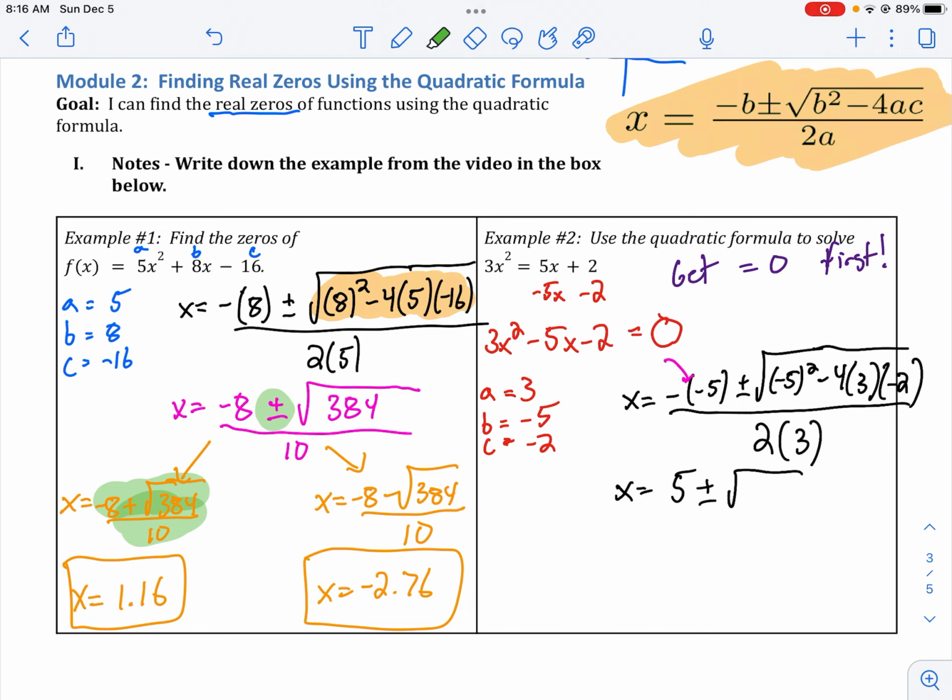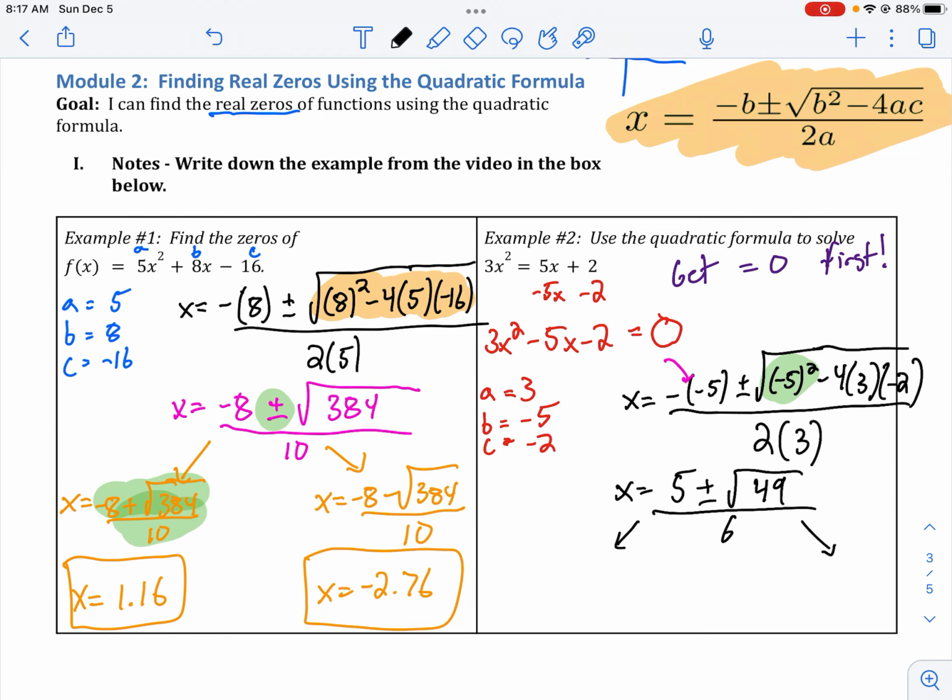And again, I'm going to get everything under that square root down to one number. But please, please, please, especially when b is negative, make sure you have parentheses there. If you don't have parentheses, your calculator will give you the wrong answer. Okay? And so when I substitute in my calculator, we get 49 underneath the square root, divided by 2 times 3, which is 6.